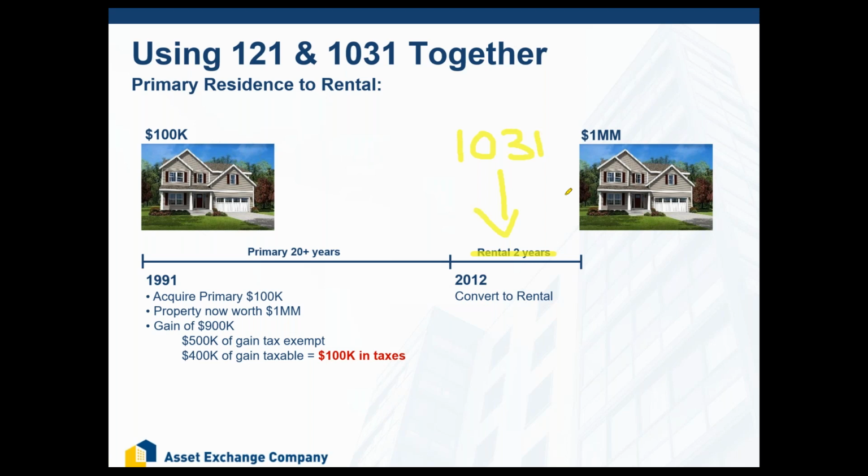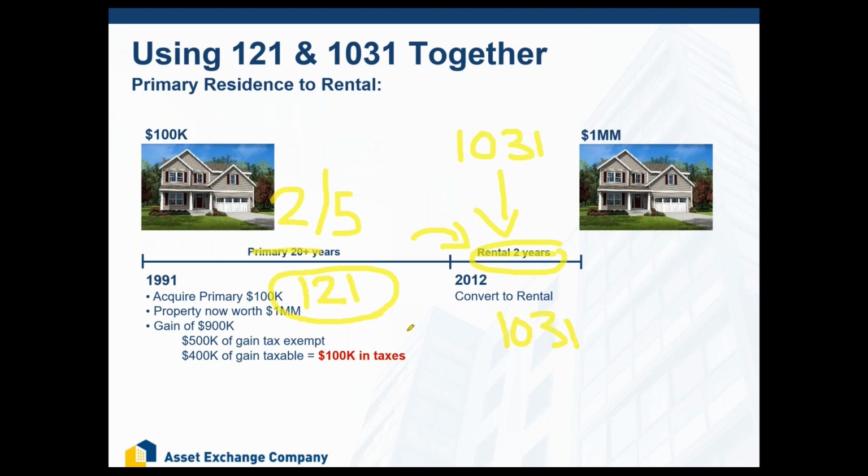Now, here is the beautiful part of this strategy, ladies and gentlemen. If you have converted your primary residence into a rental and you've established it as a rental for 2 years, you can take the 1031 exchange when you sell it. But because you've also lived in the property for 2 out of the past 5 years, you are also eligible for the homeowner's exemption.